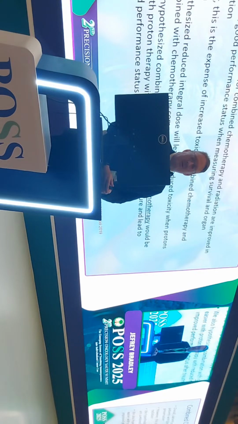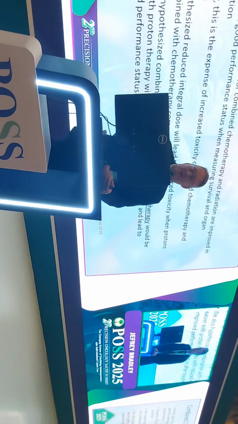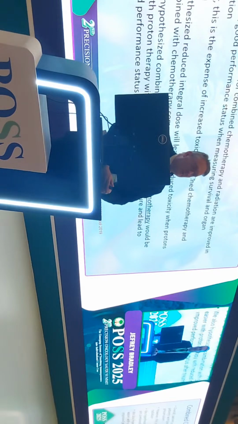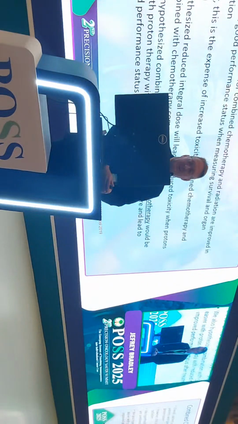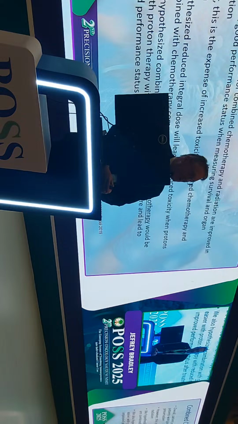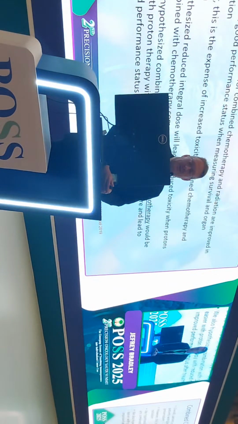Combining chemotherapy and protons has an advantage. As we stated, outcomes with combined chemotherapy and radiation therapy can show an advantage in terms of survival and organ preservation in patients with good performance status. There's increased toxicity with combined chemo and radiation, or chemo and immunotherapy and radiation.